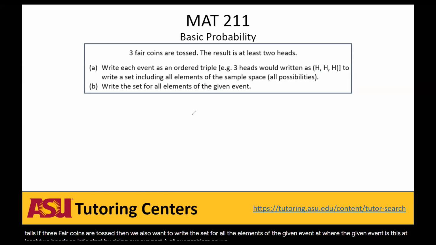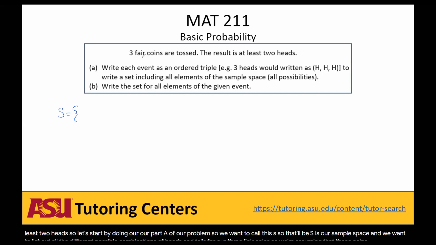So we want to call this S, so that'll be S is our sample space. And we want to list out all the different possible combinations of heads and tails for our 3 fair coins. We're assuming that these coins in this case are ordered.